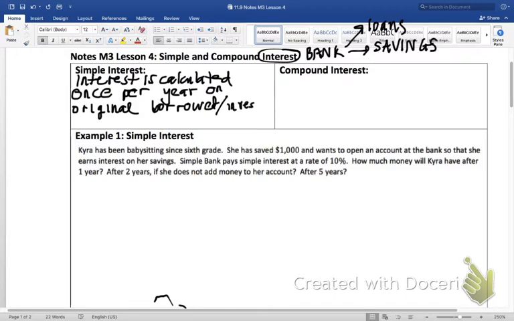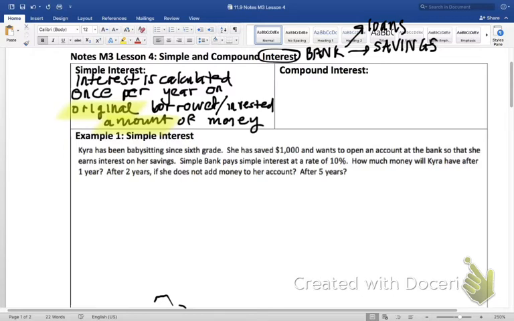There are two options. The key difference is that with simple interest, the interest is calculated on your original amount.